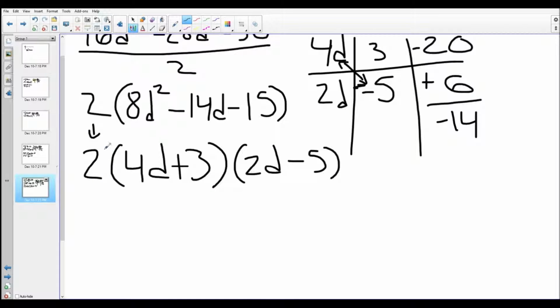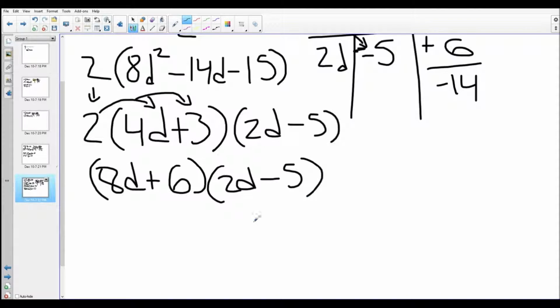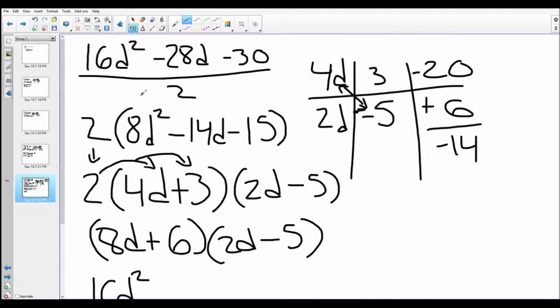Now if you want to check, first we expand this 2 into this bracket. So then we get 8d plus 6. Here's one bracket. Then we have the 2d minus 5. So an 8d times 2d would give us the 16d squared, which was up here.